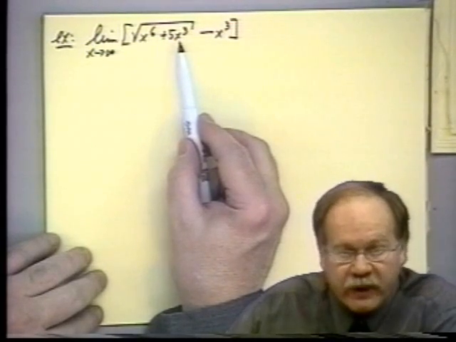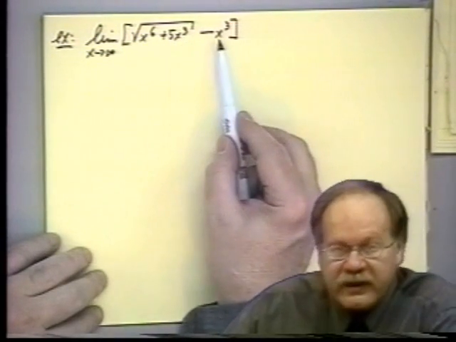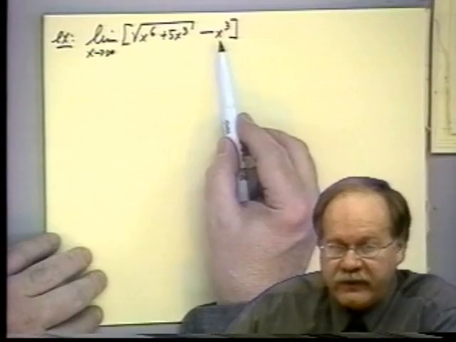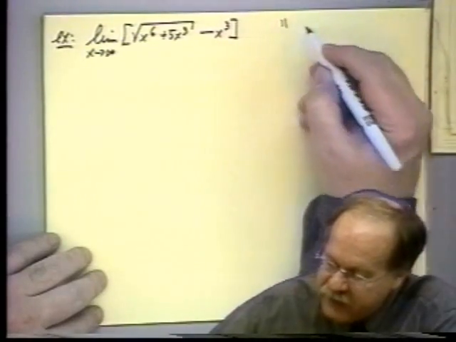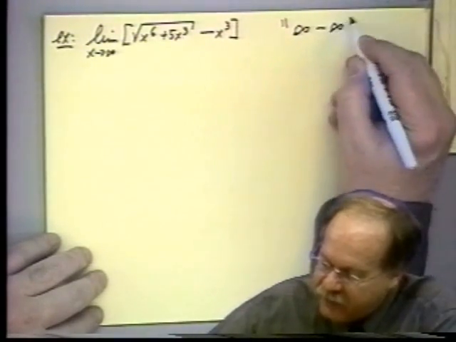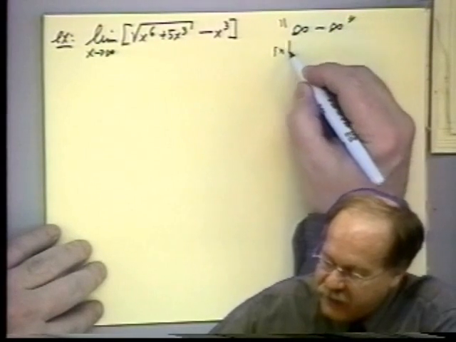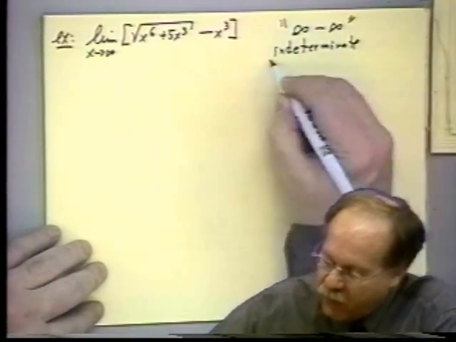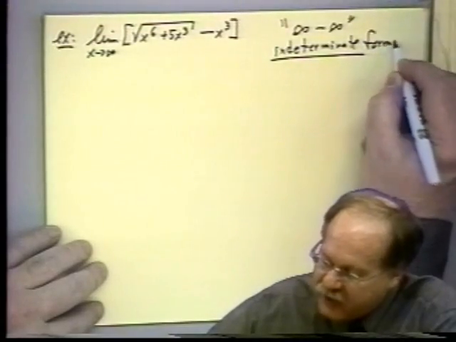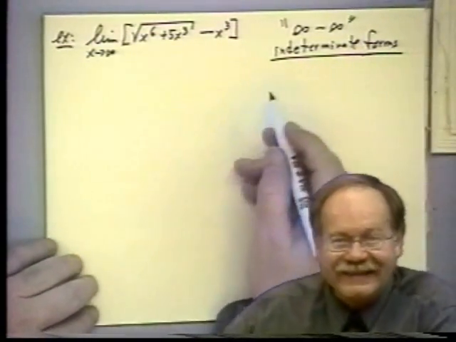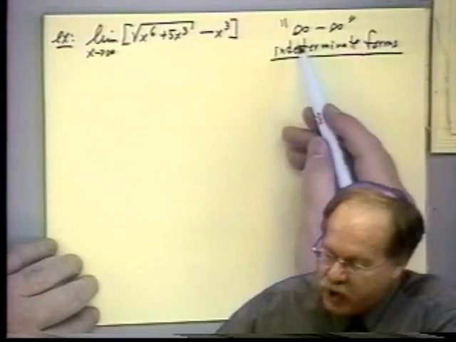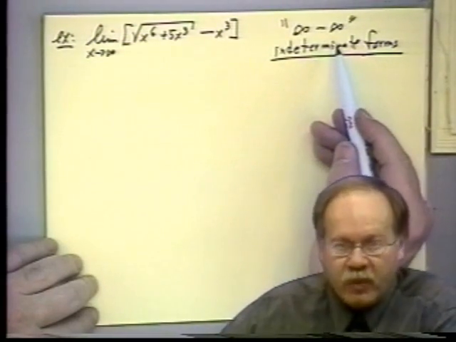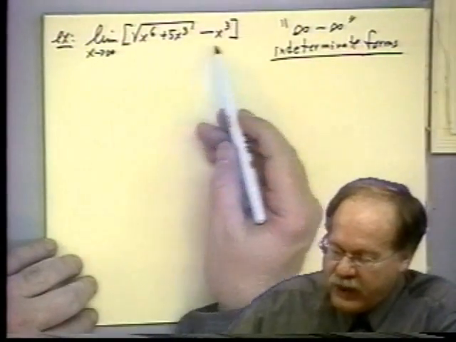This first expression heads toward infinity. The second expression also heads toward infinity. This appears to be infinity minus infinity, and you know what that is? That's another one of those indeterminate forms. We saw 0 over 0 as being indeterminate. This is another one. You cannot determine what this is without more work.